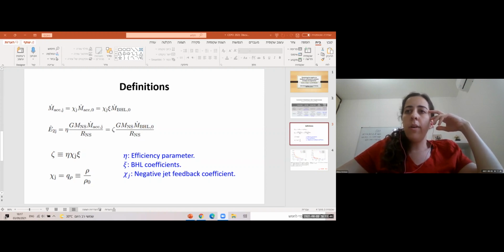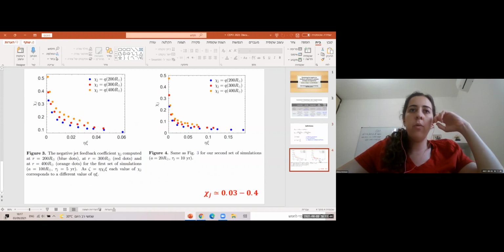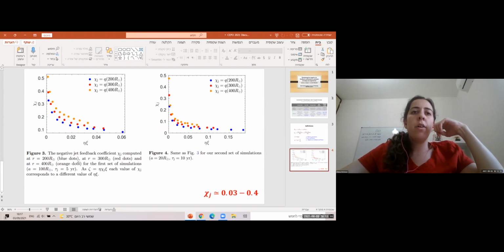So we get this graph over here for two simulations of a neutron star inside a red supergiant. The left panel shows the results for several radii, comparing the ratio of the densities for a neutron star dispersing until 100 solar radii, and the right panel for a neutron star spiraling deeper down to 20 solar radii.